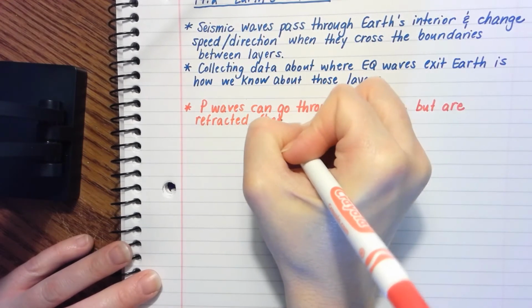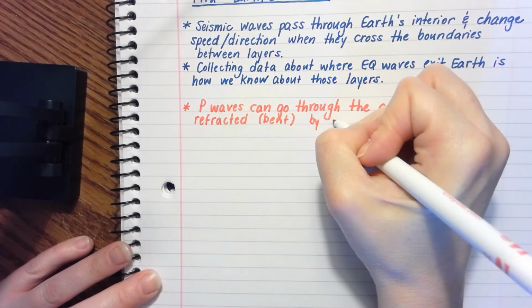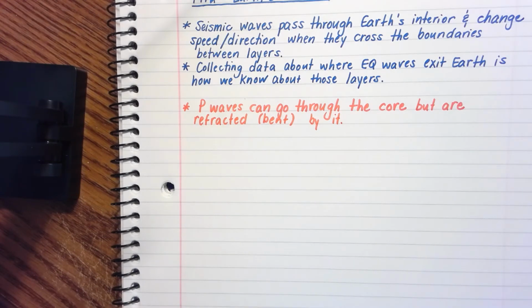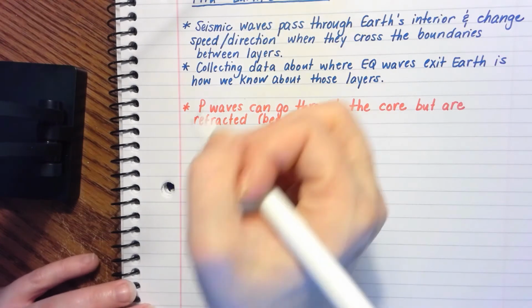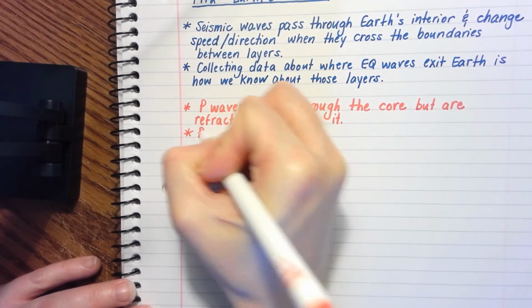Refracted is a word that means bent by it. So P waves can go through the core, but by changing from one material to another, so from the mantle to the core, they are affected in their direction and in their speed. So they're refracted or they're bent by the core. And that causes a P wave shadow zone.